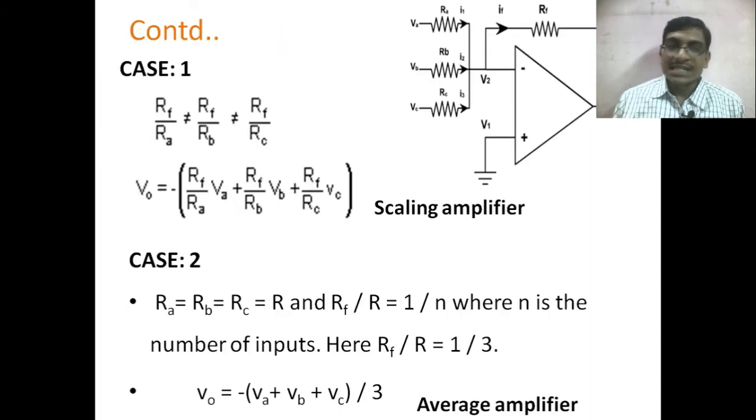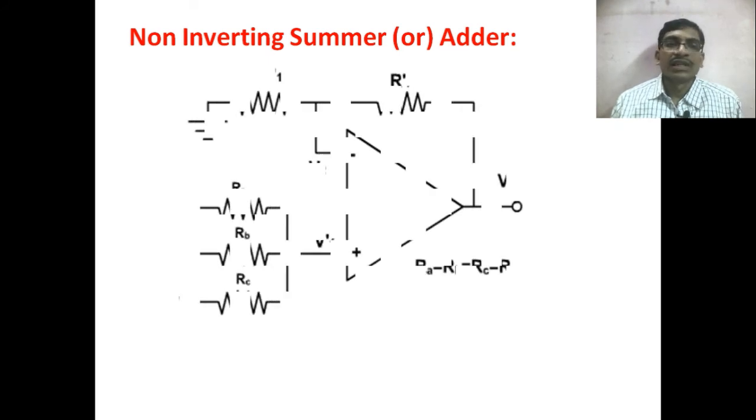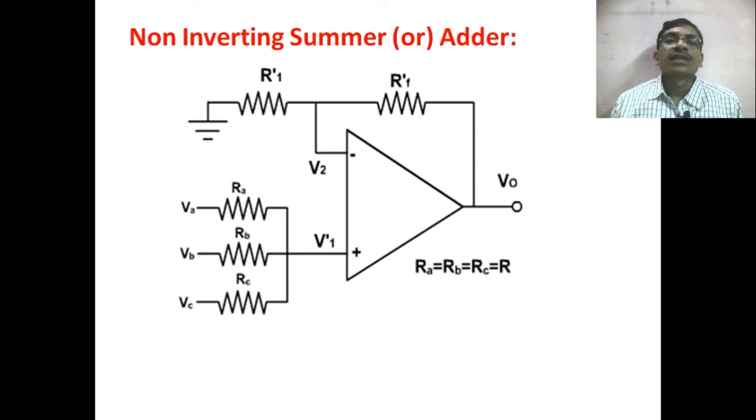Okay, so let us see the non-inverting summer amplifier. Non-inverting summer or adder is the second type of the summer amplifier. This is the circuit for the non-inverting summer or adder. Here the input voltages are given to the V1 dash terminal, which is the non-inverting terminal of our operational amplifier, and RF is the feedback network and R1 is grounded.